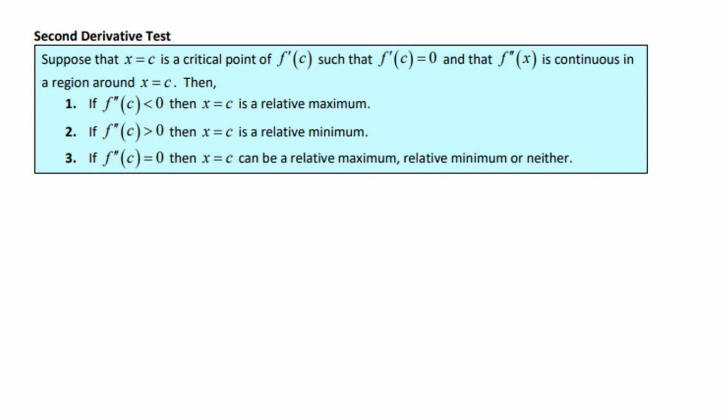If the second derivative at c is positive, then x equals c is a relative minimum. And if the second derivative evaluated at c is equal to 0, then the test fails spectacularly. x equals c could be a relative maximum, a relative minimum, or neither. You really don't know.